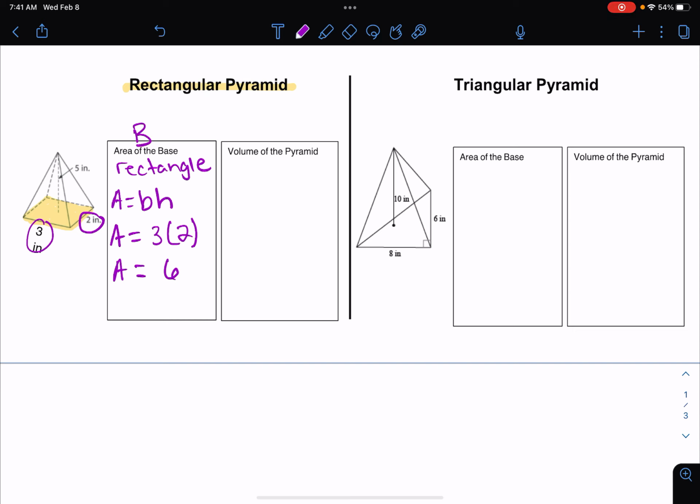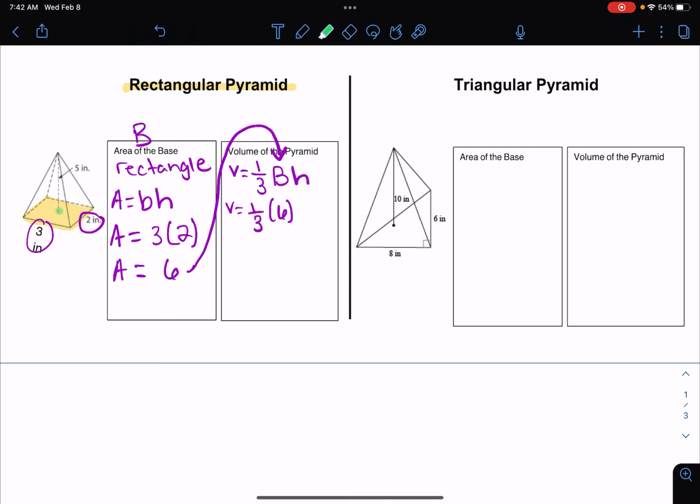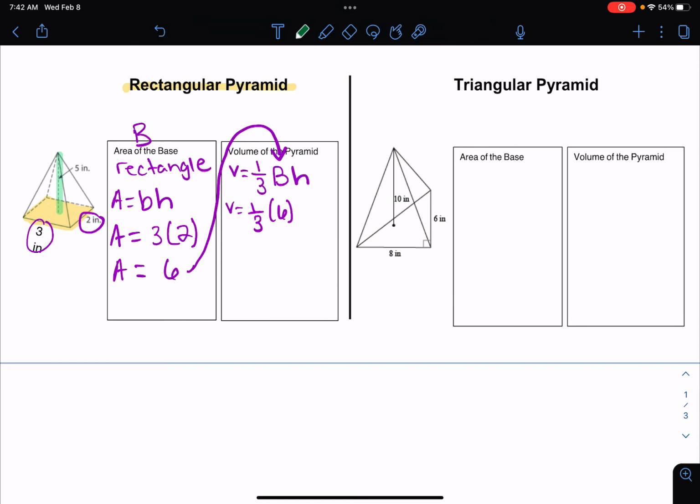So this here is your big B. You're going to go over to your formula for volume of a pyramid, which is V equals 1/3 base times height, and you're going to plug this into your capital B. So your equation should now read V equals 1/3 times 6 times the height of the pyramid. And remember, your height is always the measurement from the base to the top point of your pyramid. So the height of that is 5.